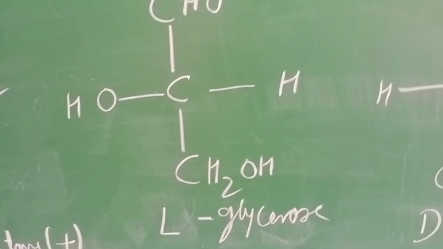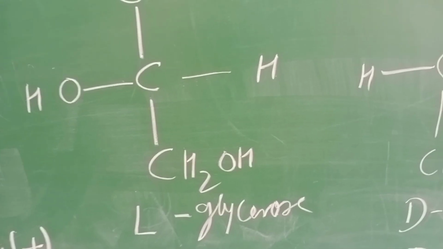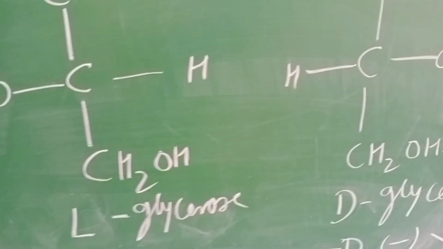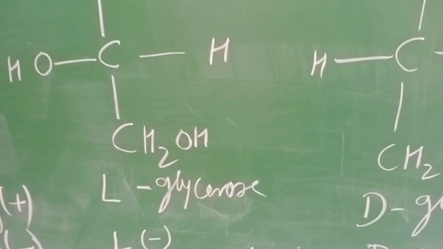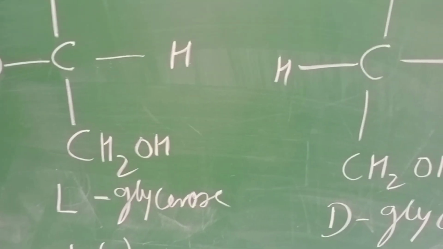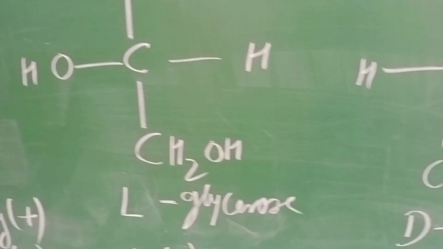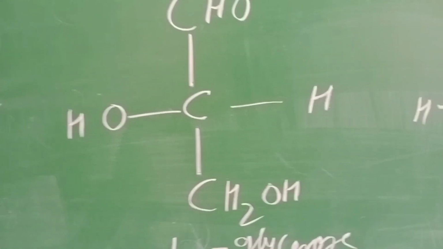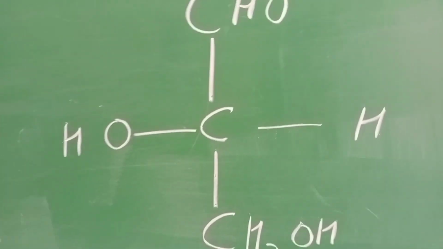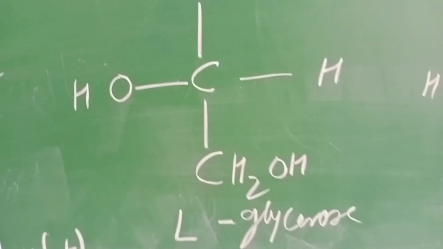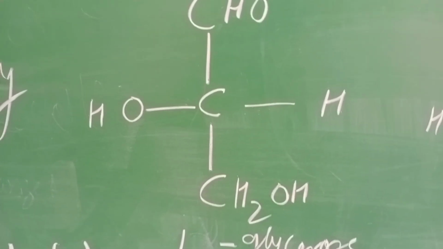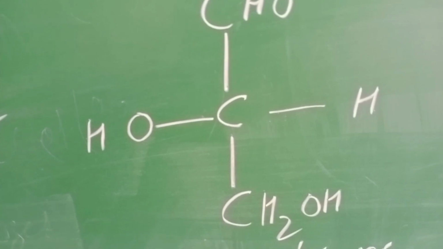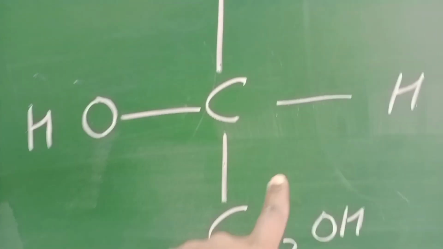First, I will discuss why I have represented the glycerose molecule by capital L and capital D. As I said earlier, the capital L and capital D represent the configuration of that molecule. You can see here that in the L-glycerose molecule, the carbon atom adjacent to the terminal carbon atom is the CH2OH.